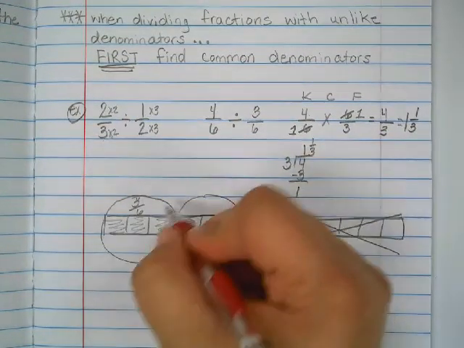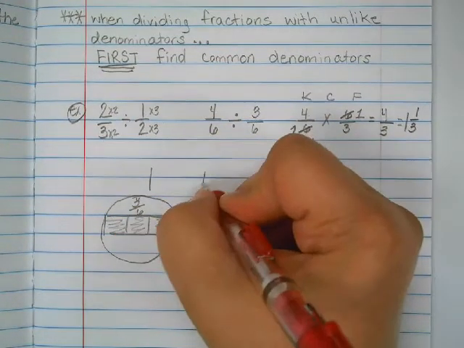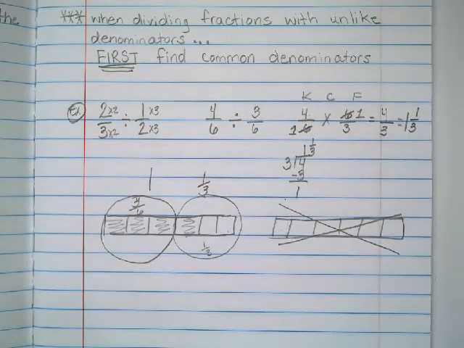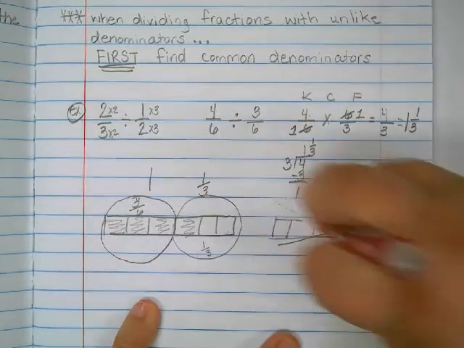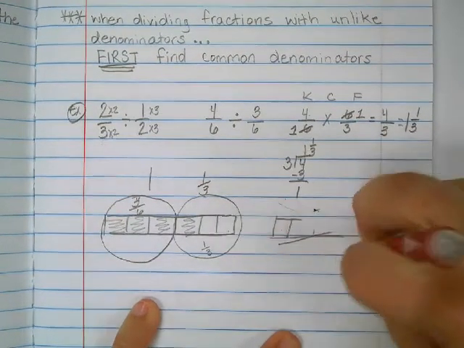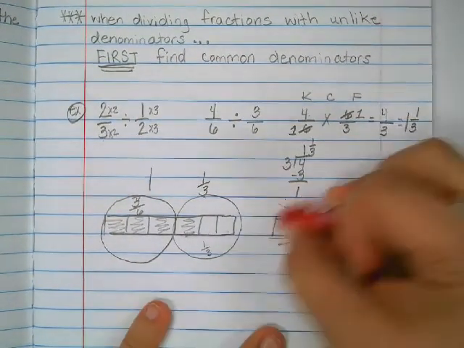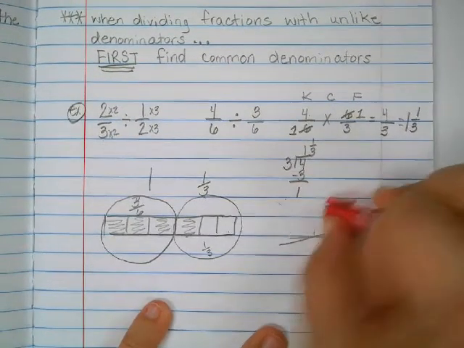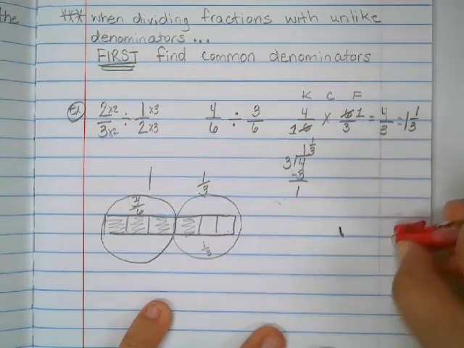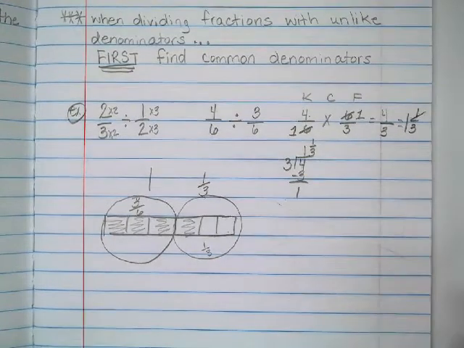So I have 1 and 1/3. That's how I would model that. I'm just going to go ahead and erase this just to keep my notes clean. Sorry that I messed up on that model for you. But we'll do some more practicing of modeling in today's assignment.